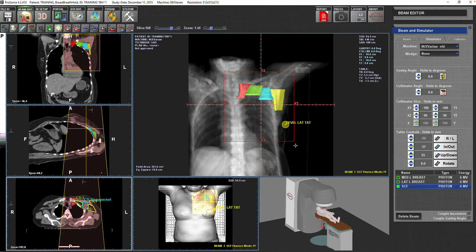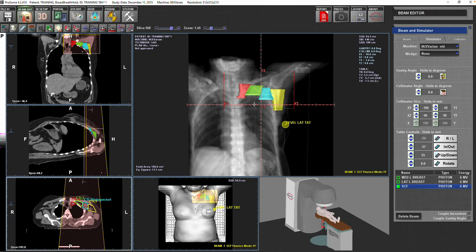I will change the Y1 to 0, and for my junior colleagues, please, when somebody asks you what does it mean half beam block, you have to have a definition in your mind. And basically the definition of half beam block, again, this is for example minus 10, is to use the most straight part of the beam as a border.